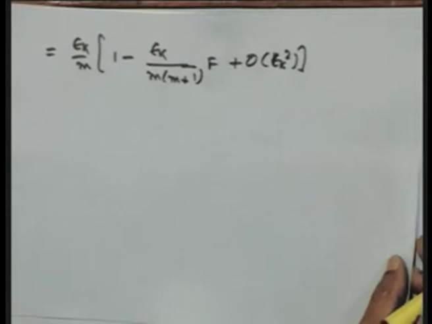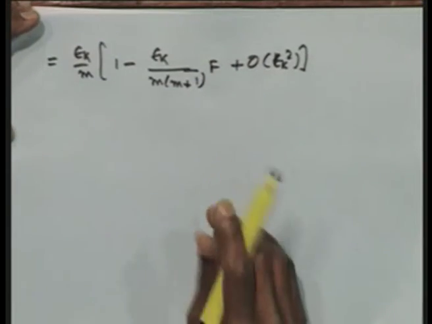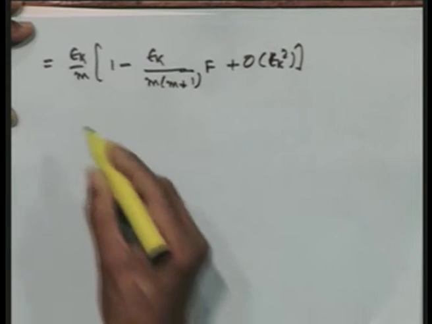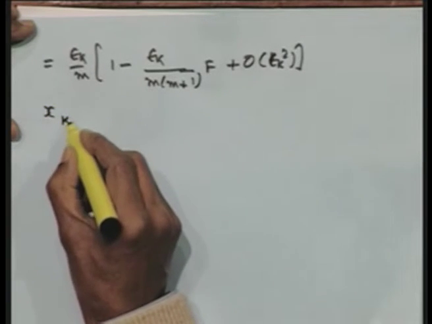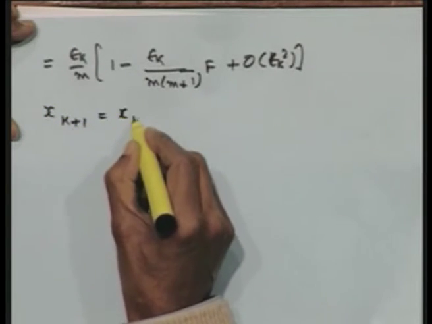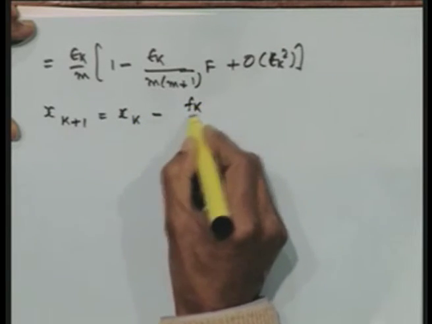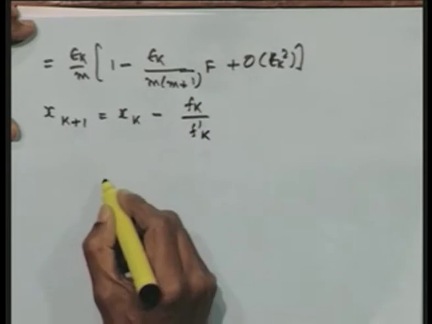Now let us put this into our Newton-Raphson method and see why the difficulty was arising. So the method was xk plus 1 is equal to xk minus fk by f prime k.